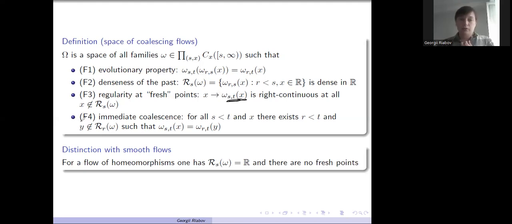And the last property is immediate coalescence. So if we consider the trajectory that started at time s from point x, and look at its value at time t, this is omega stx.